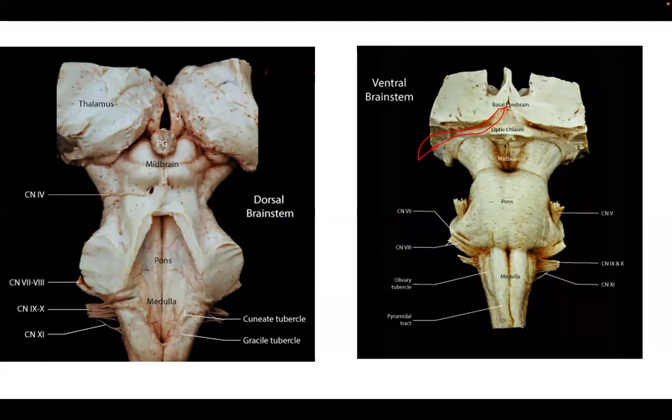Then this third ventricle continues down as the aqueduct of Sylvius, which is a 2 by 2 millimeter tube, quite small, and it conducts CSF from the third ventricle to the fourth ventricle.